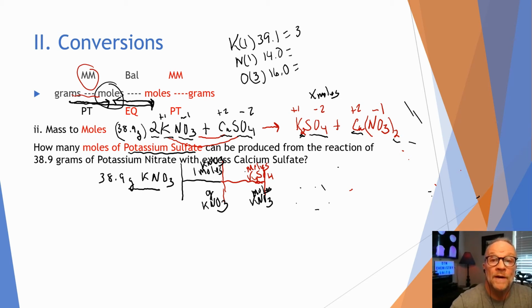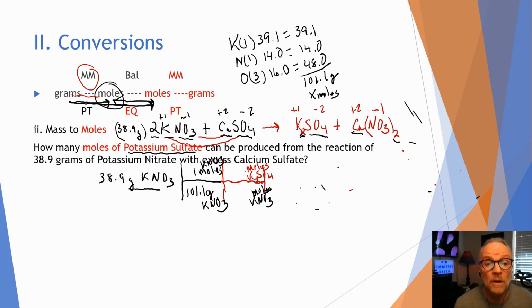So here we have 39.1, 14.0, 3 times 16 is 48. Double checking myself here, 48. You add all those up, you get 101.1. Okay, so there is our molar mass of potassium nitrate.